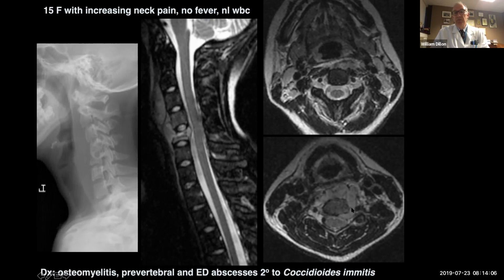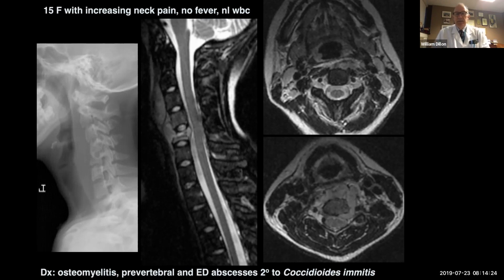It's pushing forward, and this happens to be a patient with an unusual fungus that we see here in California called cocci. We're seeing a great deal of cocci, coccidiomycosis. I don't know if you see this in Africa, but we see it here in California.